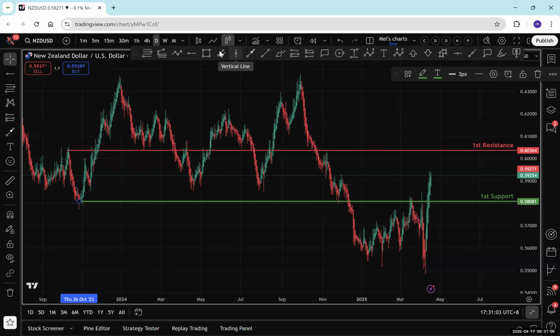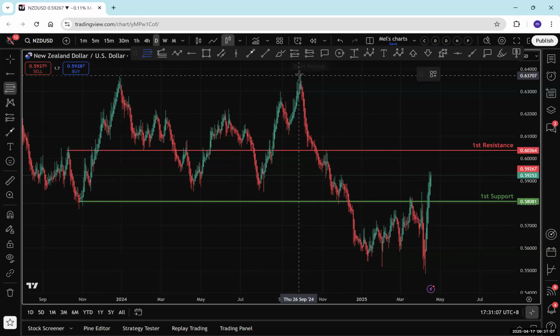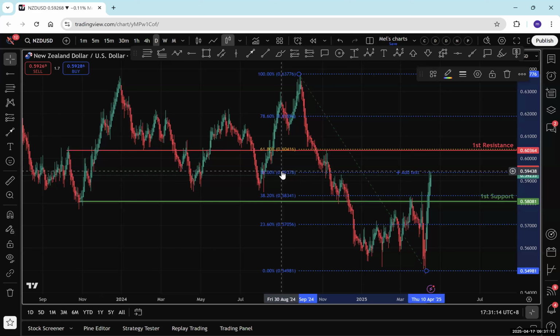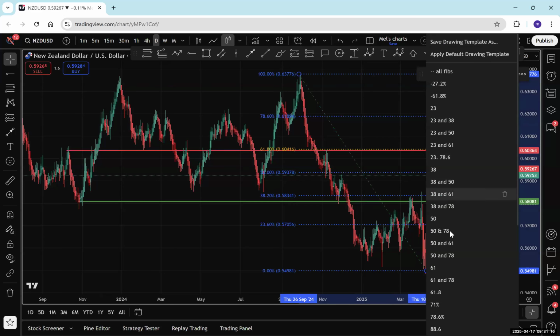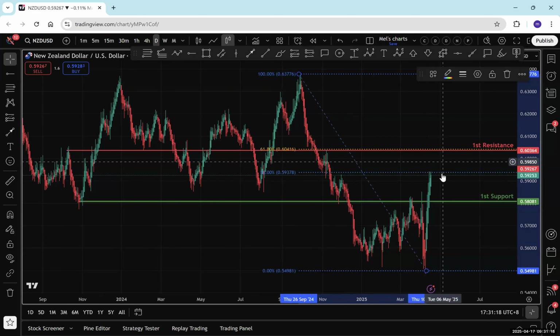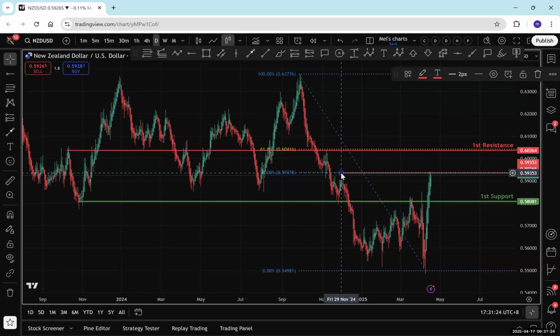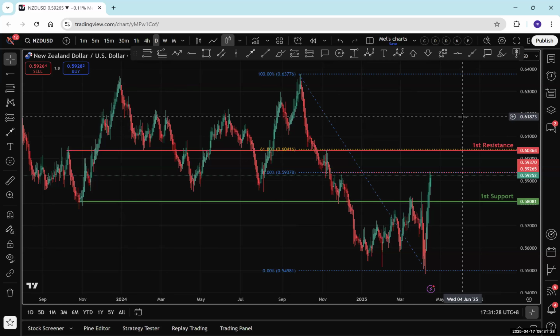Okay, so now let's go in with our Fibonacci levels again. So I'm starting off with a normal retracement. You have 50% and 61 lining up. I'm going to keep that 50% because it's where price is currently at. I'll just add an intermediate resistance here, just for reference.